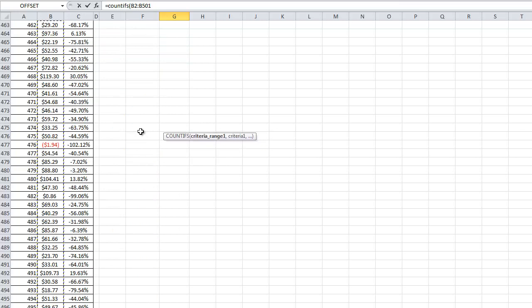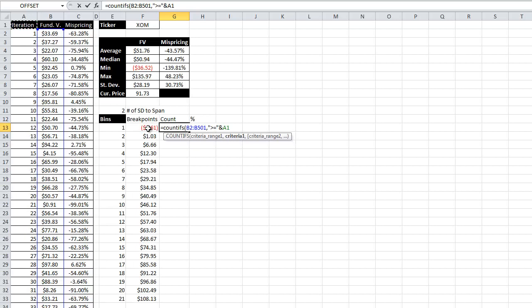So let's highlight it, comma, if it's greater than or equal to, ampersand, and then you come up here and say that. So what we've said is count it if any of those are greater than or equal to negative 461, and also it's got to be less than the next bin number.